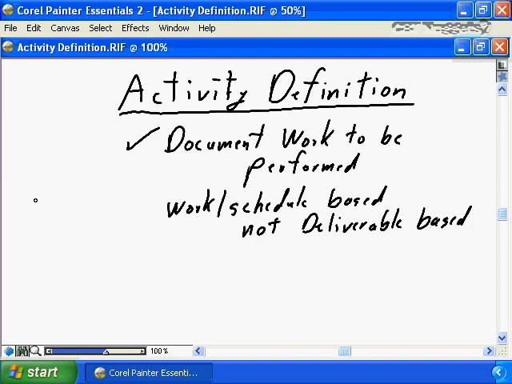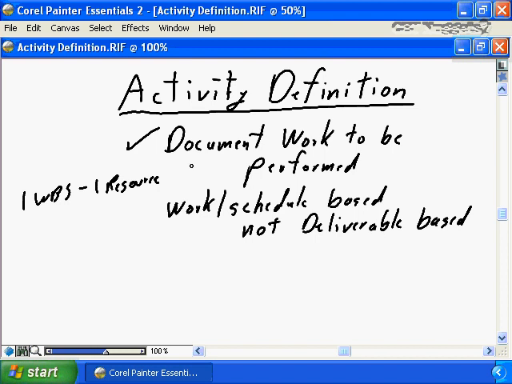What do we mean by that? Basically, we're going to have one WBS element to one resource. Whereas a deliverable-based WBS could have multiple resources. You could have 3 or 4 or 5 analysts assigned to a task to define, understand the current situation.